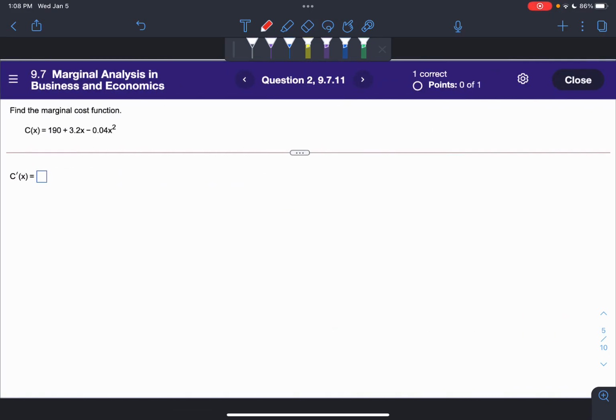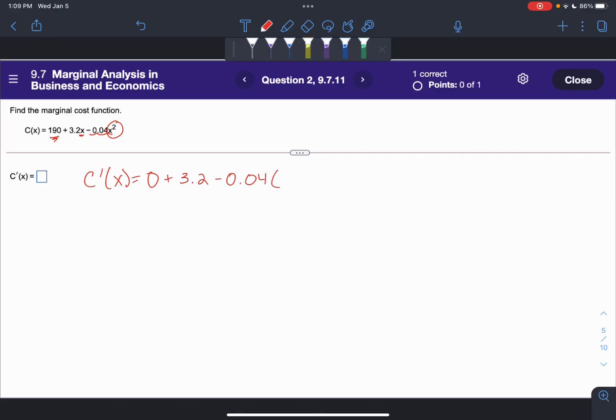All right, let's do another one. So I have, again, a constant here, so that's going to go to 0. Then I have a linear term, so I'm just going to take the coefficient in front of it. And then my last term, we notice that it's an x squared, so I'm going to use the power rule. Let's keep that 0.04 on the outside, because that's a multiplicative constant.